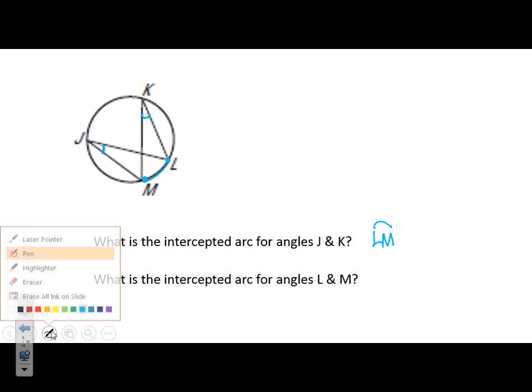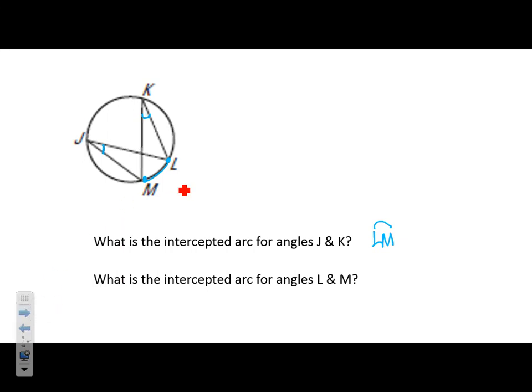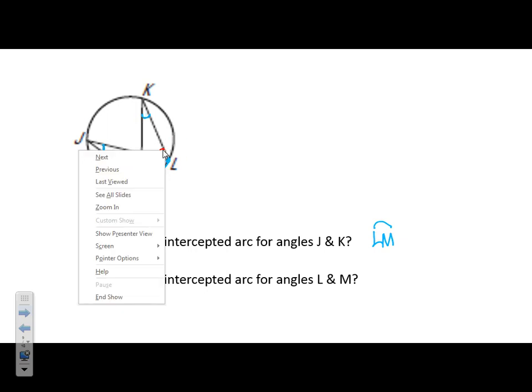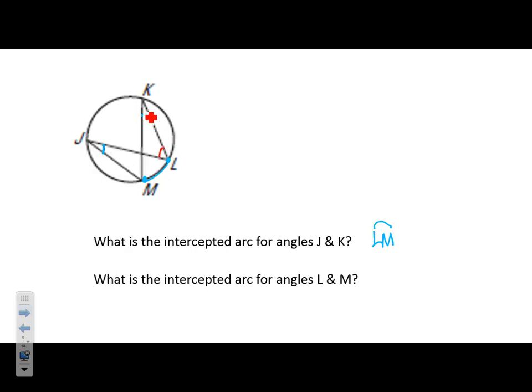The intercepted arc for angles L and M, so here's angle L. The intercepted arc for that one would be KJ, or JK, however you want to say that. And angle M would also be KJ.